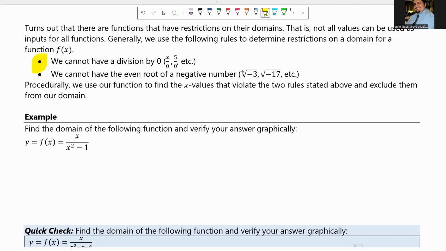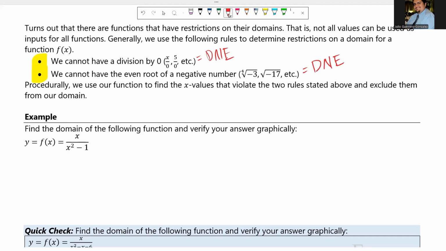The second one is that one. We cannot have the even root of a negative number. So the square root of -5, the fourth root of -12. All of those are not possible. For both of these, we write out DNE. Whenever something like this happens, we just write it out. It does not exist.